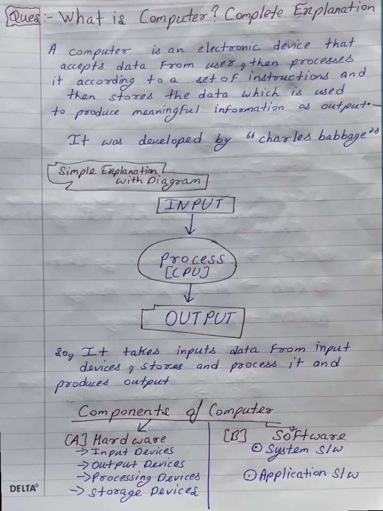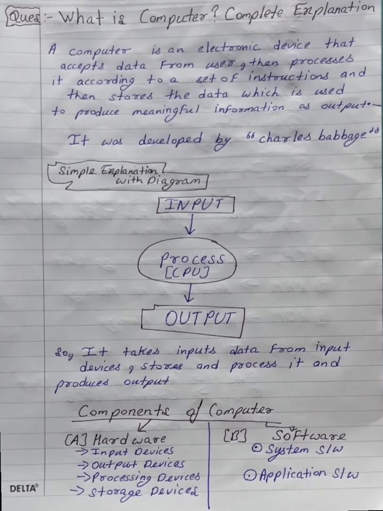The input unit is responsible for accepting data and instructions from the user, and it acts as the communication bridge between the user and the computer. Input devices convert human readable data into a form that a computer can understand and process. Some examples of input devices are keyboard, mouse, scanner, joystick, webcam, etc.